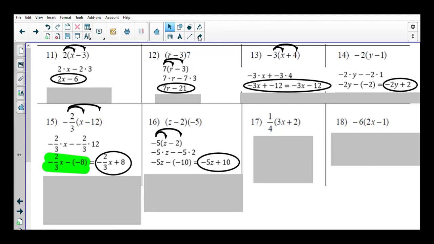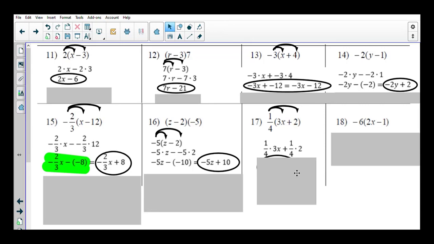Number 17, let's distribute that 1/4 into the parentheses. We're going to take 1/4 times 3x and 1/4 times 2. Just like this. So we've got 1/4 times 3x plus 1/4 times 2. You can't type the x into your calculator, and I know I have kids who are like, well, I see a variable here on my calculator. Can I just type that in?